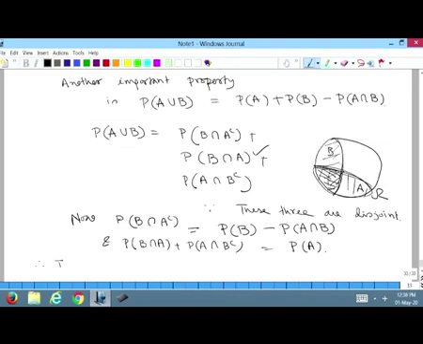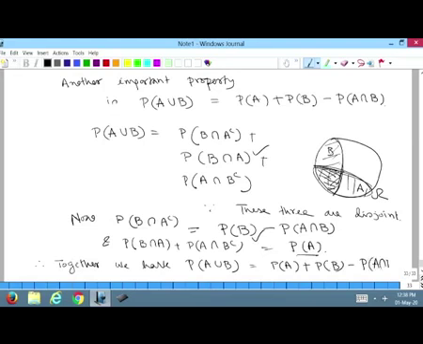Therefore, together we have probability of A union B is equal to probability of A plus probability of B minus probability of A intersection B. This is one property we will use in solving problems.